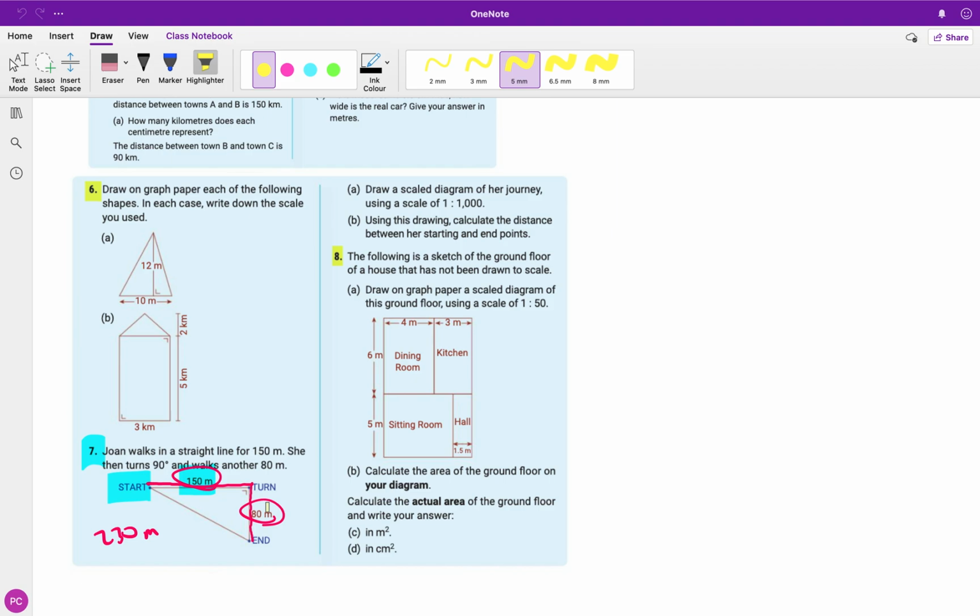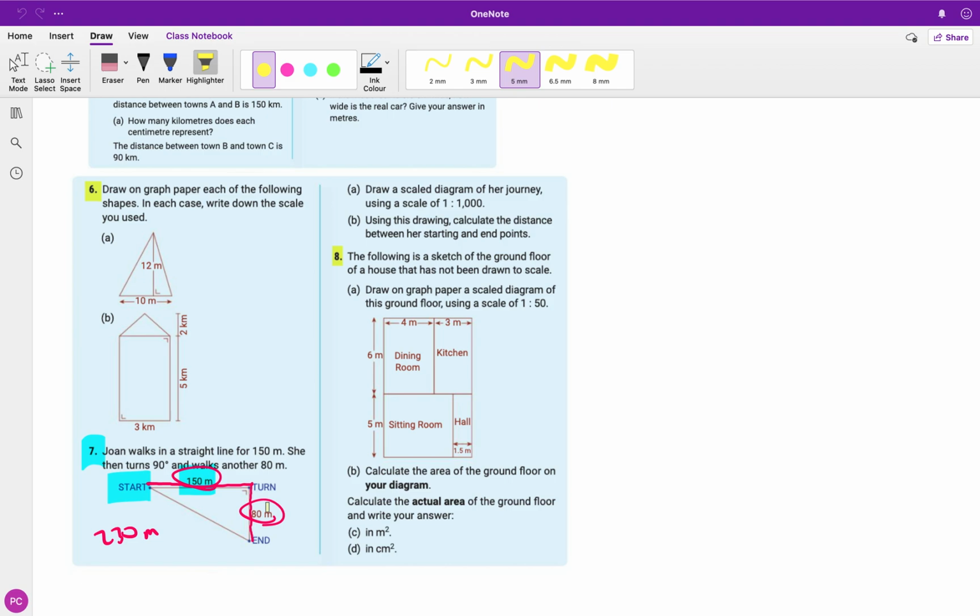Draw a scaled diagram of her journey, using a scale of 1 is to 1,000. So a scale diagram of her journey, which is 1 is to 1,000.